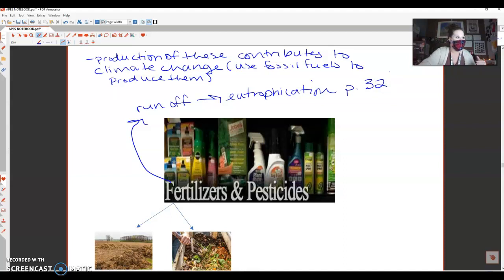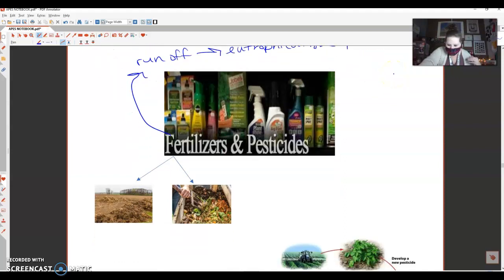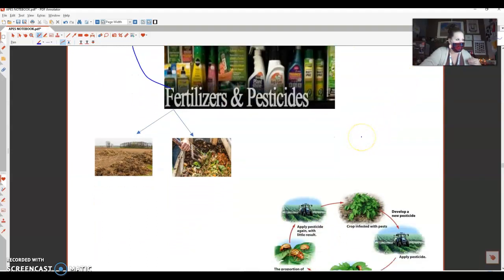Okay? All right. So let's start with fertilizers. Okay. So fertilizers, they can be organic or inorganic. Okay? So right here, these are two types of organic fertilizers.